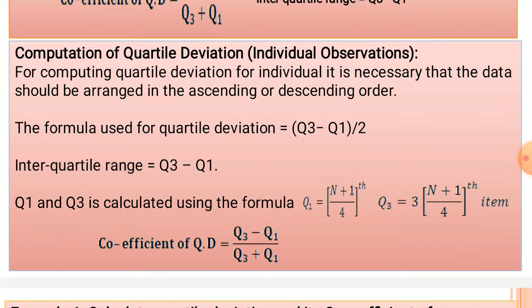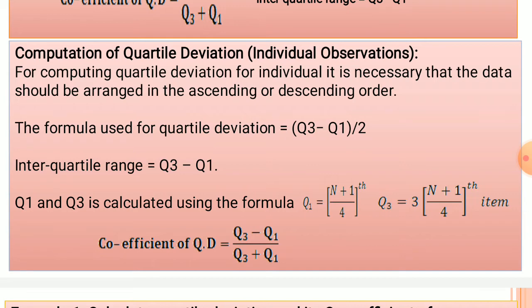Like that, here also we have to arrange the given data in order. If it is given in proper manner, then we can straight away calculate the value of quartile deviation. The formula used for quartile deviation is Q3 minus Q1 by 2.